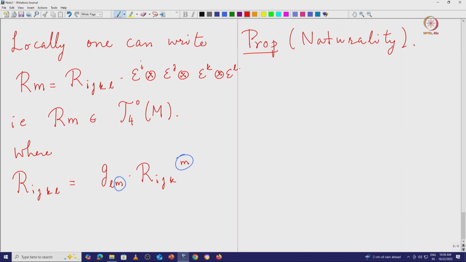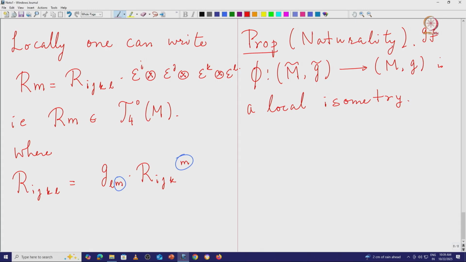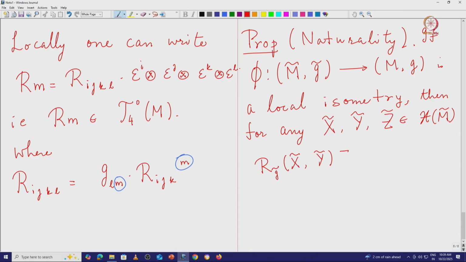So if phi is a local isometry, then for any X tilde, Y tilde, Z tilde, which are vector fields on M tilde, if you apply the curvature endomorphism for g tilde, so that will give you another vector field on M tilde, and then apply the derivative map.